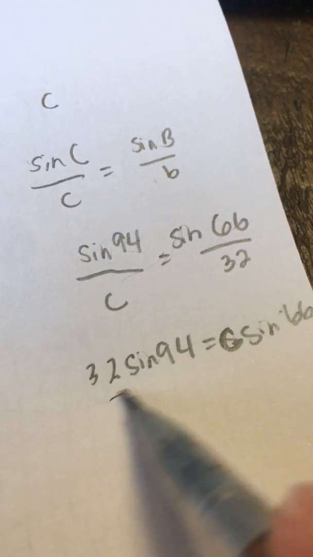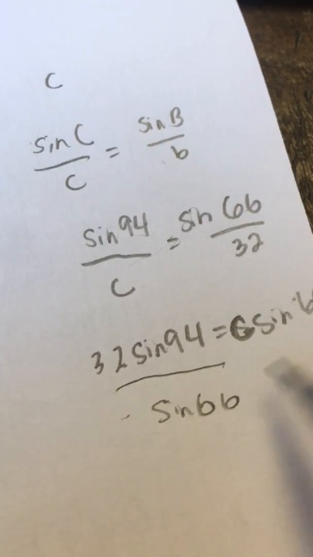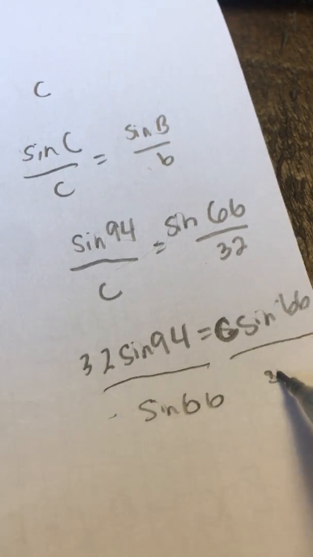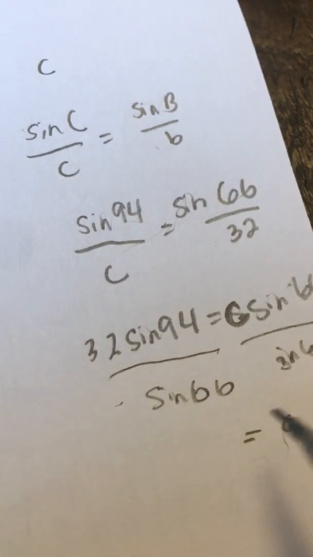Divide by the sine of 66. No inverse necessary here because I'm finding a side, not an angle. And that leaves me with side C, but again, I have to plug this into my calculator.